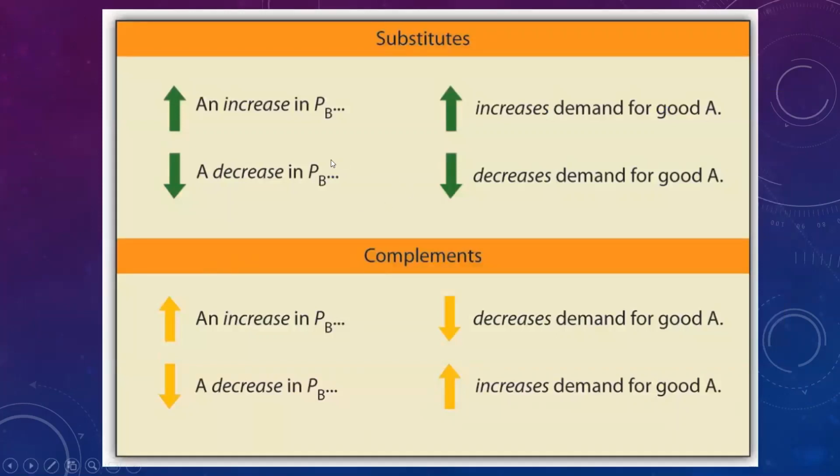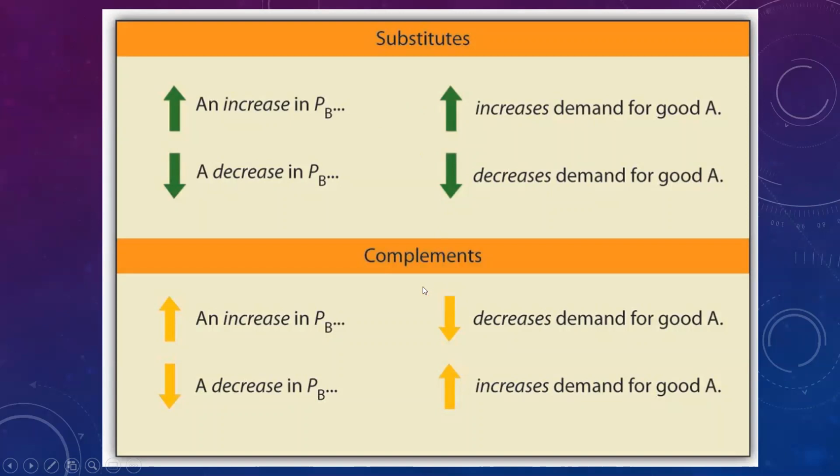Now this is in case of substitutes and complements. There can be questions asked from this part. Suppose there are two commodities A and B. When there is an increase in the price of B, then there will be an increase in the demand for commodity A. If there is a decrease in the price of B, there will be a decrease in the demand for A. This is in case of substitutes.